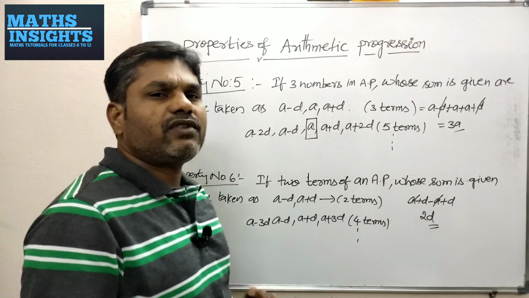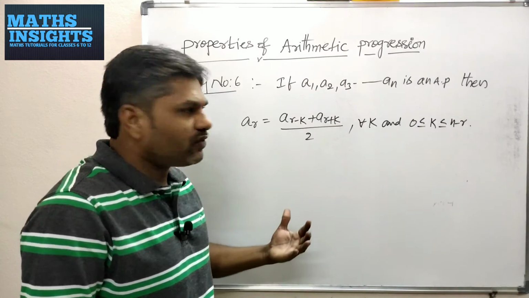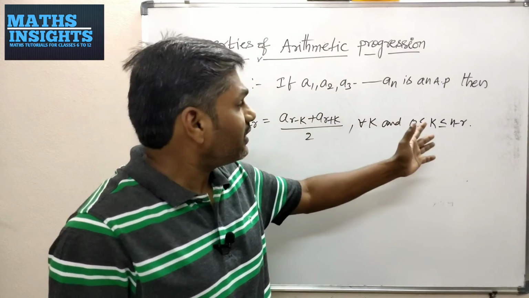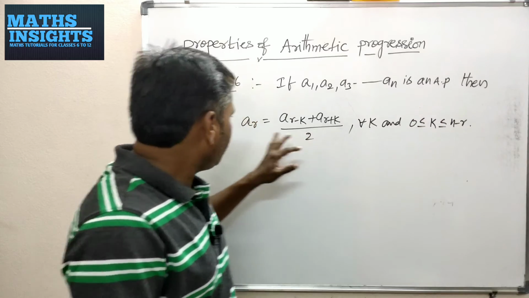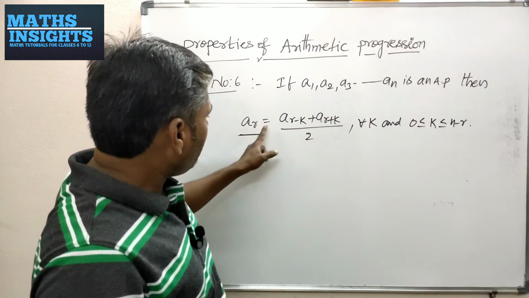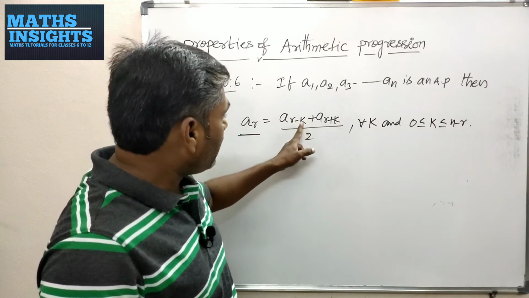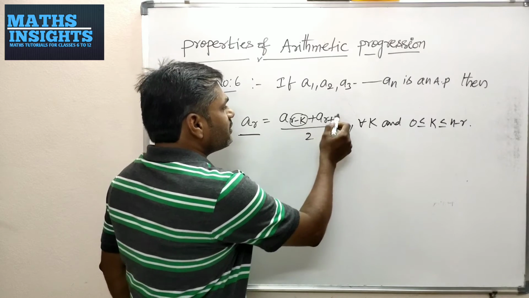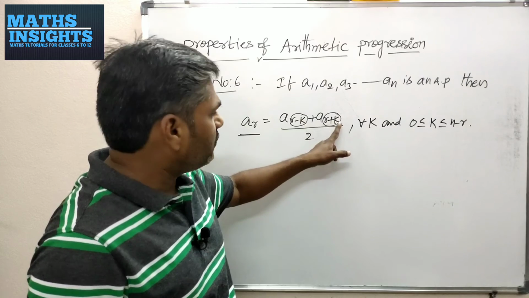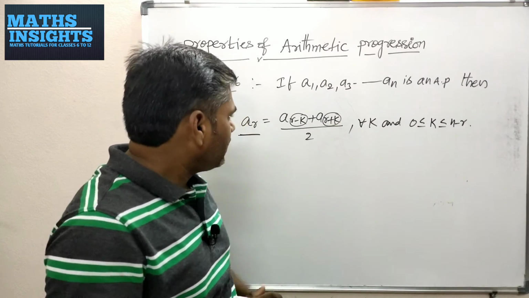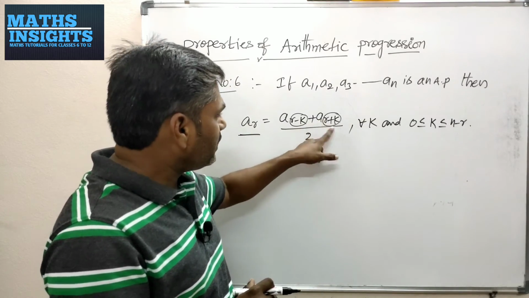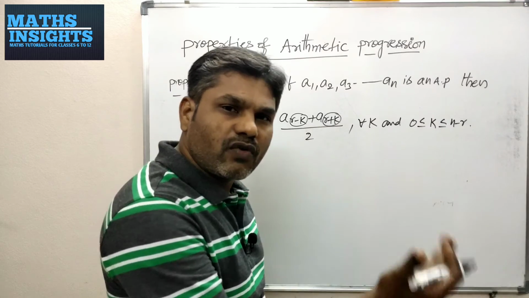Okay, we will have another one which is also important, the last but not least. If a1, a2, a3 and so on, an, are the terms of an AP, and you want to find any particular term, let it be a_r, then a_r can be obtained as (a_(r-k) plus a_(r+k)) divided by 2, where k is a constant. a_(r-k) means you are going backward from this term, and a_(r+k) means you are going forward from this term.